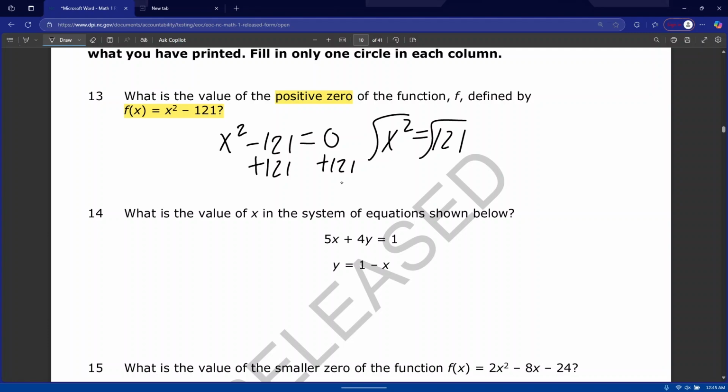Now, this is definitely something you want to look at in the future. Try to remember the common trend of numbers that often get put into equations that you need to square root or multiply by. Because in the middle of the EOC, you are stressed, you can't really focus on this many problems at once, so you start to actually forget how to square root and stuff like that.